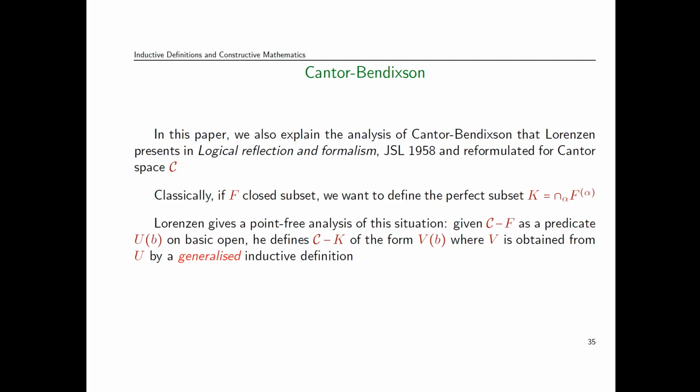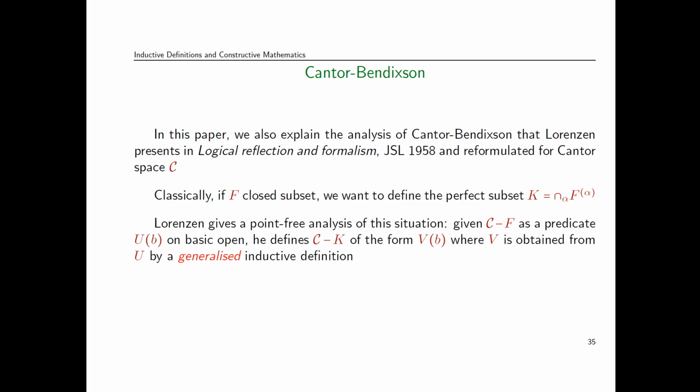So what is the problem? Given a closed subset of Cantor space, can we define what we obtain by iterating this process of taking the accumulation points, which is called the perfect subset of this set? This is the definition in classical mathematics, where we iterate this process through all ordinals of the second number class, but we need really a classical metatheory for presenting this.